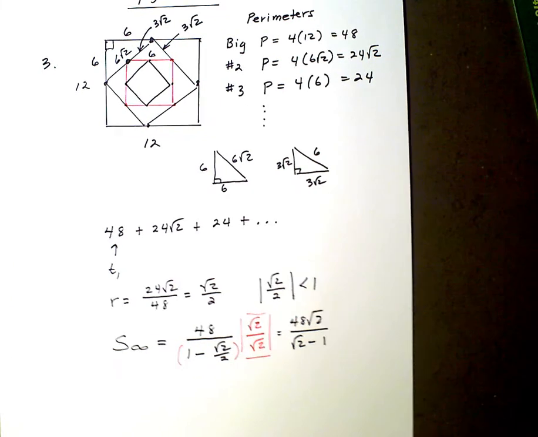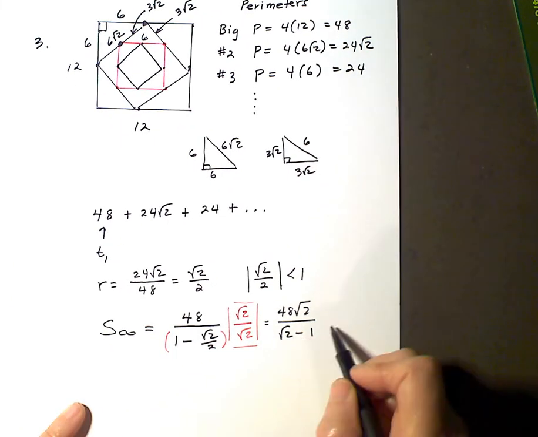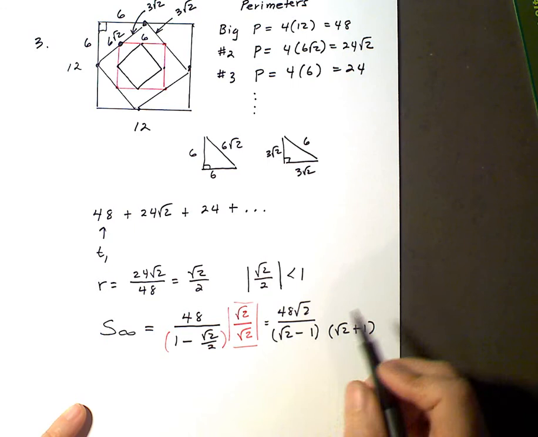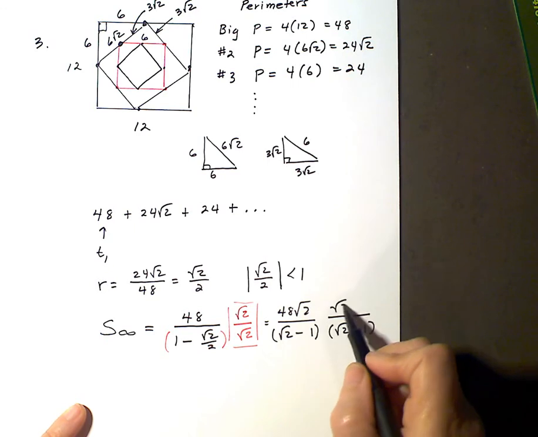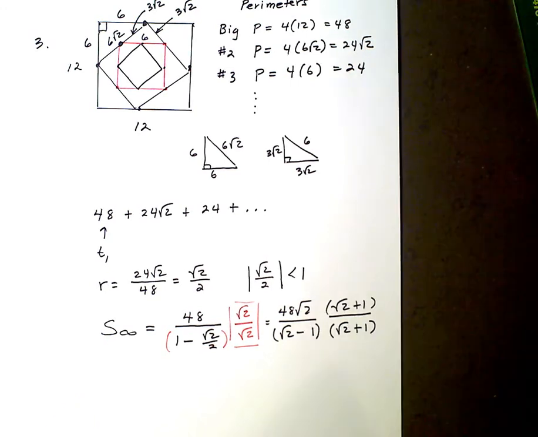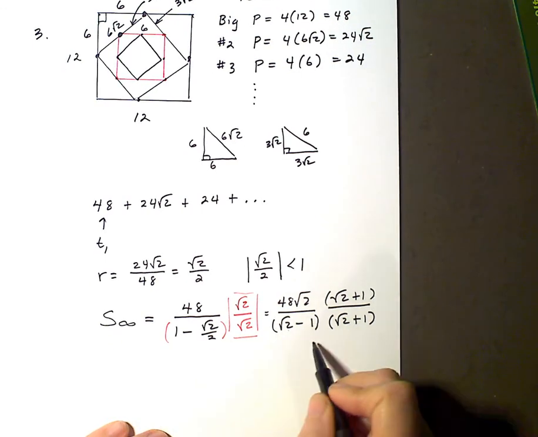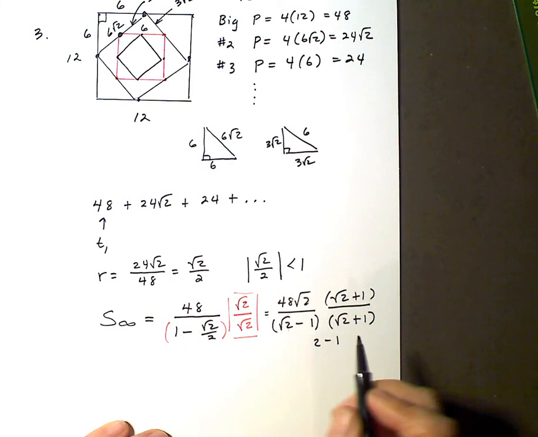Okay, and now I'm going to rationalize the denominator by multiplying by the conjugate, root 2 plus 1. Whenever I have a binomial with a radical, that's what I need to do. When I do that, the denominator is the first term squared minus the second term squared, so 2 minus 1, or 1.